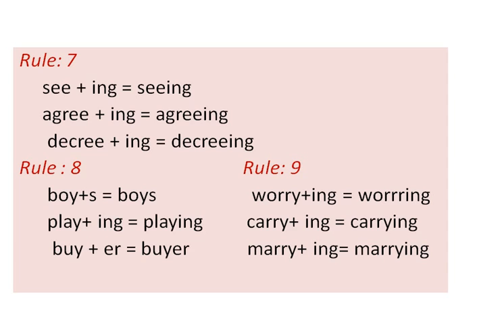Another time to keep the Y is if the suffix starts with the letter I. You cannot have two I's in a row. Look at the word carry plus ing. Here ing is the suffix and it starts with I.